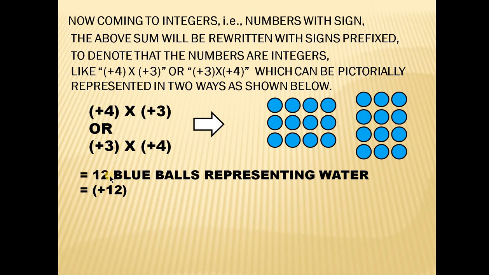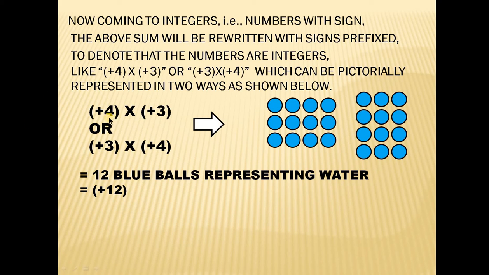This 12 is the product of the magnitudes. Magnitude means absolute values without any sign. Here it is plus 4; you have written it like an integer, so that is why you have prefixed it as plus. This 4 is the magnitude, the value without sign.